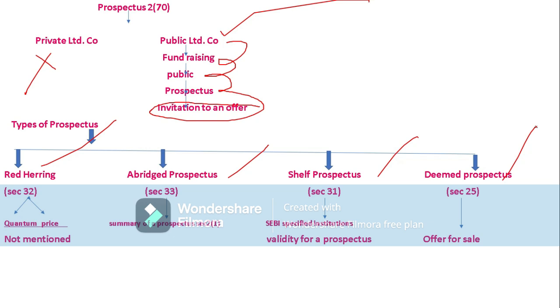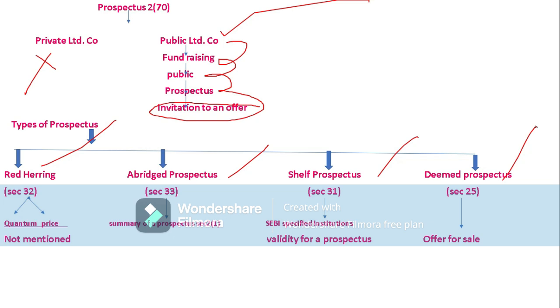So if we see the red herring prospectus, though most of us imagine big companies when talking about investments and funding, mid-size and small companies also require investments and they also make public offers.